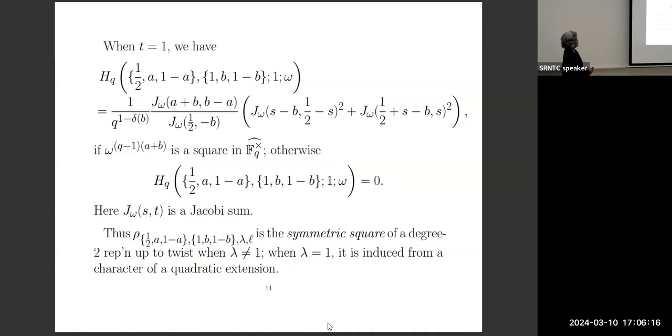These two characters are related, and they are conjugate in a sense. And at the other half of the primes, it is equal to 0. So this tells you that this degree 2 representation is actually induced from a character of a quadratic extension. That's the way one reads the character sum identity.